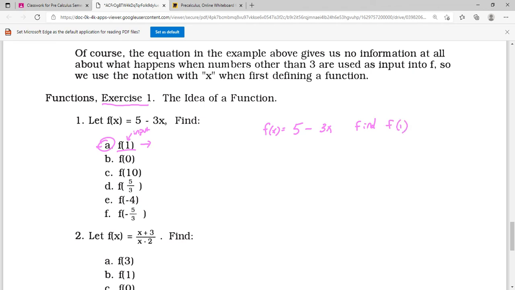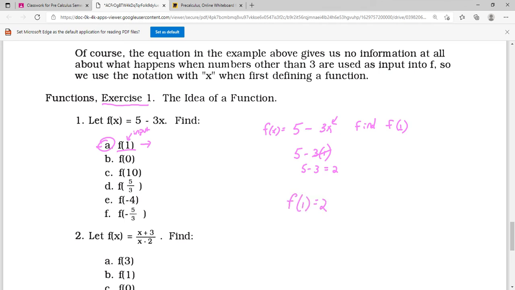Okay, so all I have to do is take this 1 and plug it in wherever I see an x. So I'm going to have 5 minus 3 times 1. 3 times 1 would be 3. So I have 5 minus 3, that's going to equal 2. So f of 1 is equal to 2.